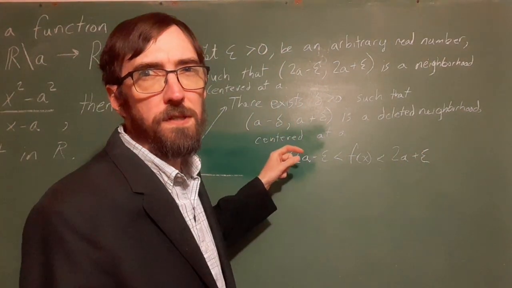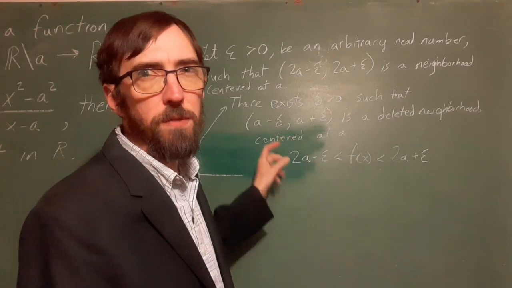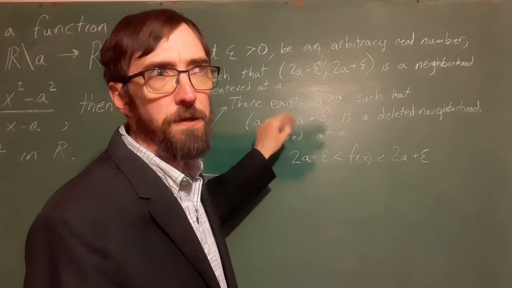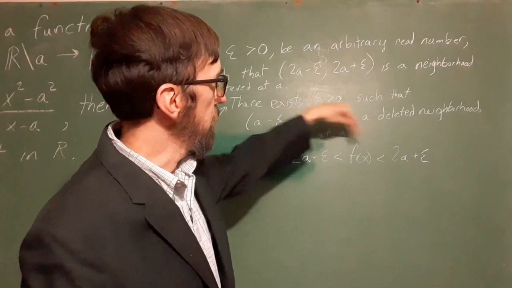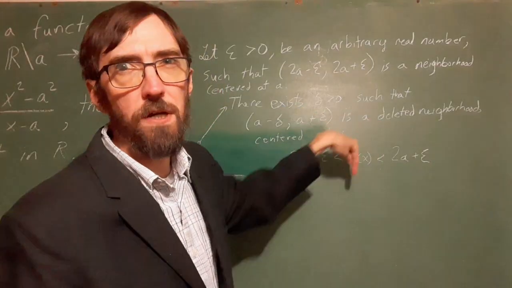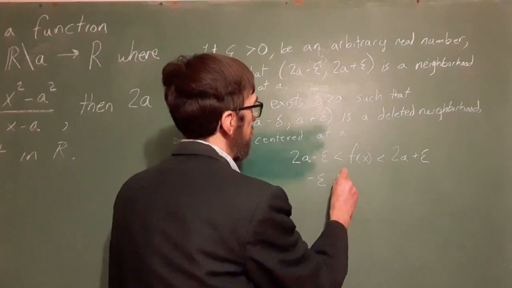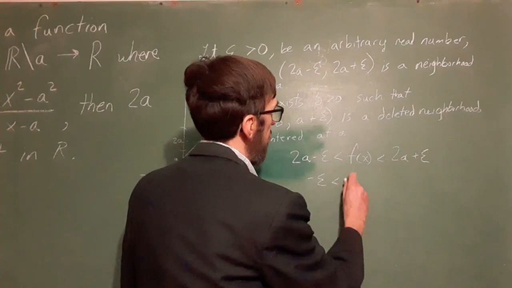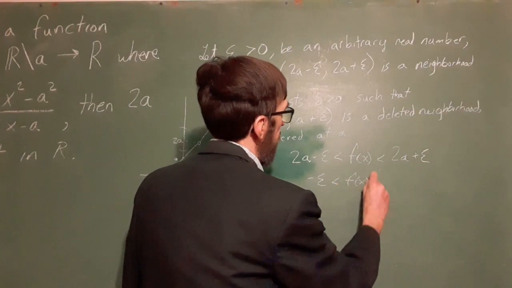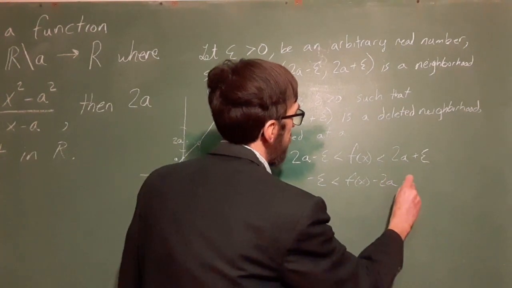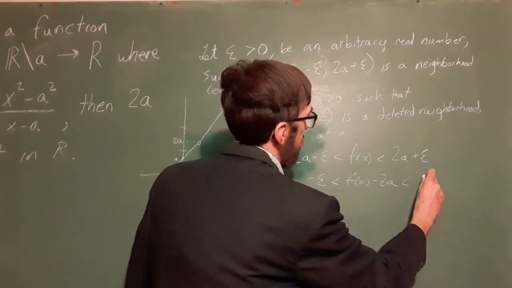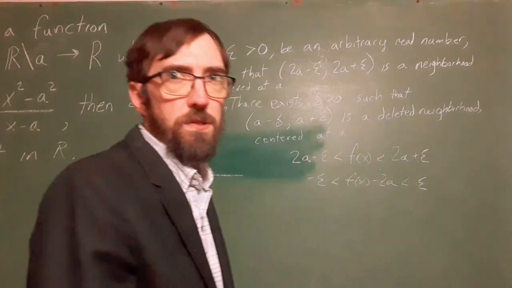Now that we have this, I'm going to collapse it a little bit. I want to add a negative 2a across all three pieces of this compound inequality. That's going to leave me with negative epsilon less than f of x minus 2a, which is less than positive epsilon.